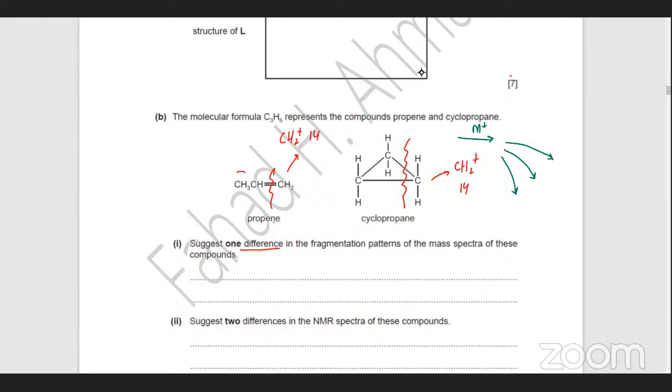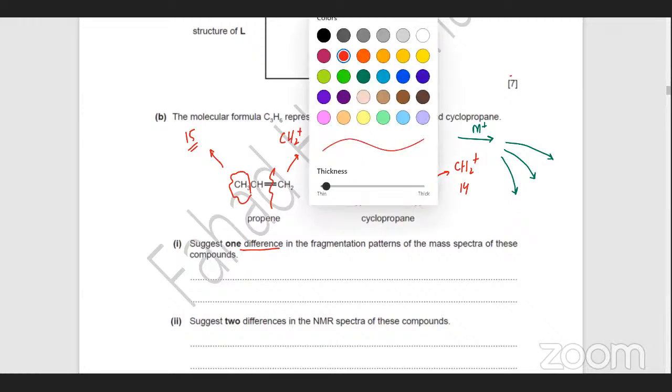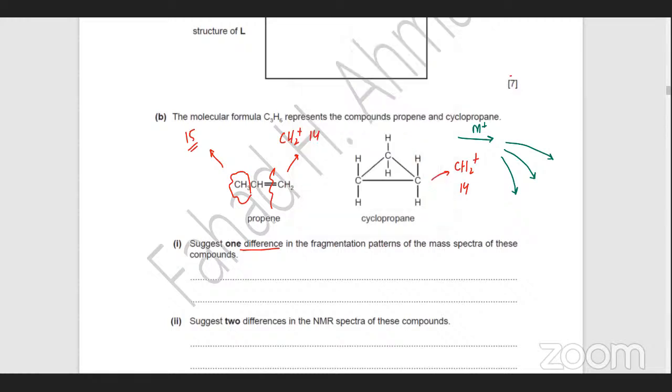Because you can get a particle with a mass of 15, like this CH3 can break off and have a mass of 15. So you'll be getting a particle of 15 over here. But no matter where you break this molecule, you're never going to get a mass of 15. If you break it like this, you would get CH2, 14, plus another C would come in, and that would make it 26, plus this one hydrogen.